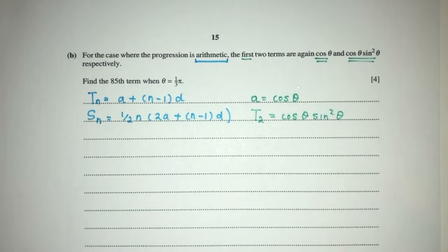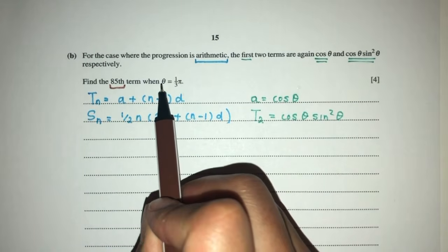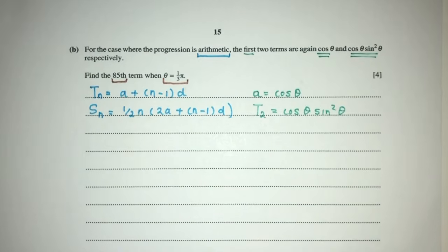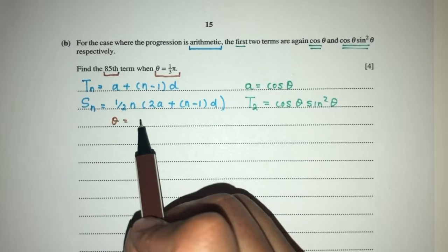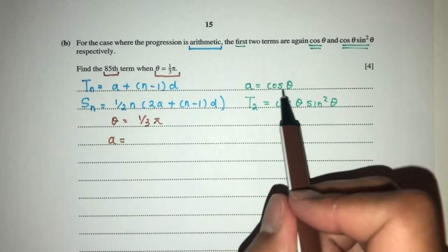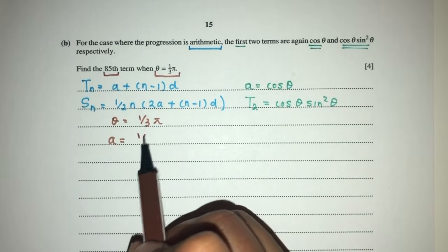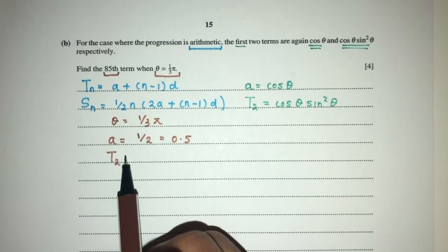Now we have to use those values to find what? To find the 85th term when the value is this. So let's first replace to see what happens, right? So when the value of theta is 1 over 3 pi, we know a has to be the value of what? Cos of 60, that should be half, or 0.5 if you want to. And the second term has to be what? Let's see.